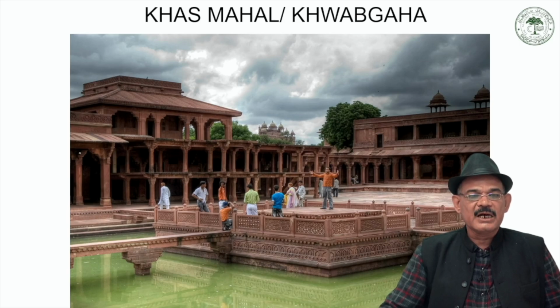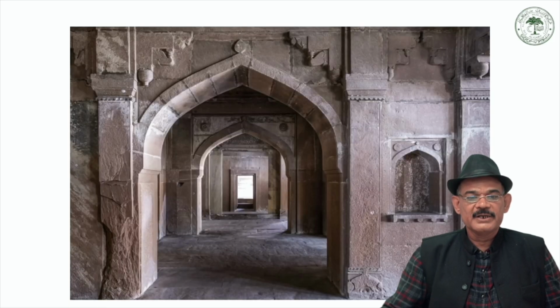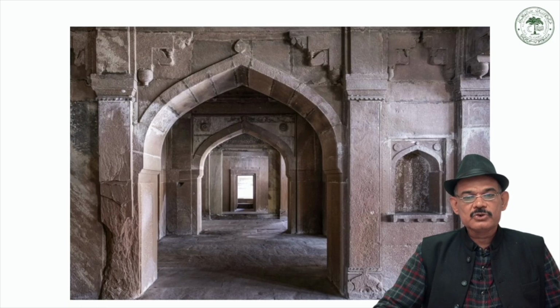On the eastern side of this structure, the main khwabga exists. It is composed of two chambers, two rooms, and these rooms are connected with two arches built in stone. These arches are flanked with a niche.